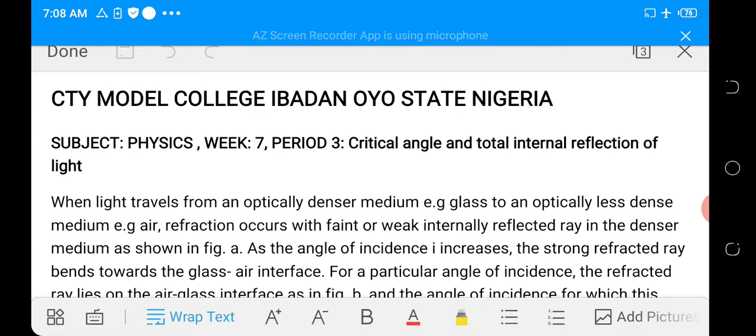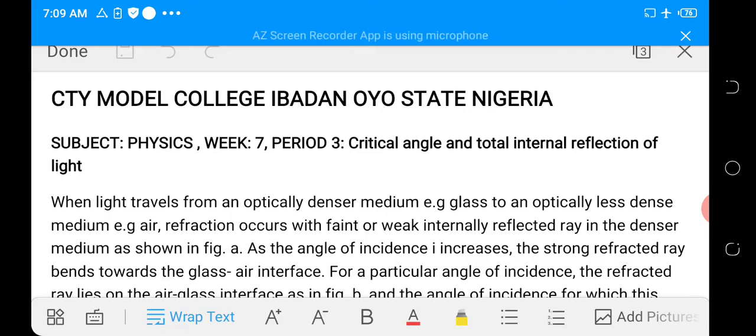Refractive index in terms of velocity is the velocity of light in air over the velocity of light in the medium. Refractive index in terms of angle of incidence and angle of refraction is the ratio of the sine of the angle of incidence to the sine of the angle of refraction. We also looked at refractive index in terms of wavelength, which is the wavelength of light in air over the wavelength of light in the medium.